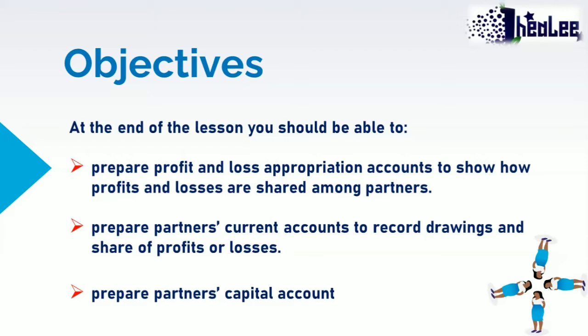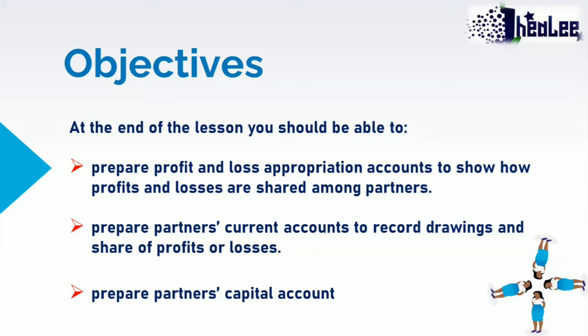The current account is simply a record of a partner's drawings and share of profit or loss. And of course, the capital account is basically showing the amount of capital contributed by the partner in the business. Or if the business is already in existence, it would show the balance coming from the previous period as it relates to the capital account.